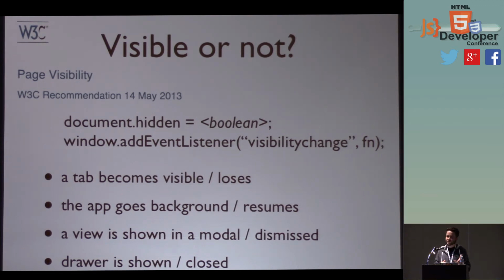So when the tab becomes visible or loses visibility, you get an event. Same goes if the app goes to background or resumes to the foreground, or if the view gets shown in a modal and so forth.